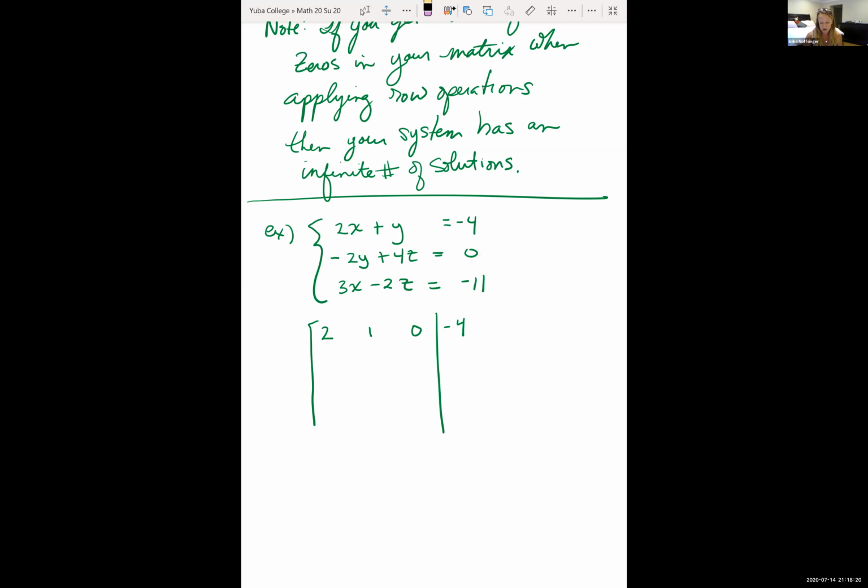Our second row, notice there's no x value, so put a 0 there. Our y value is negative 2. Our z value is 4, and then a 0. Our third row is 3. There's no y value, so 0, negative 2, and then negative 11.